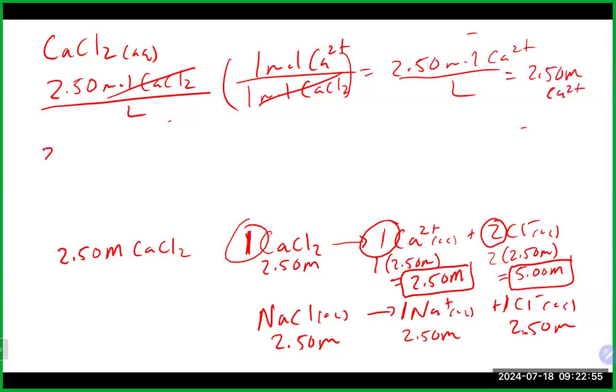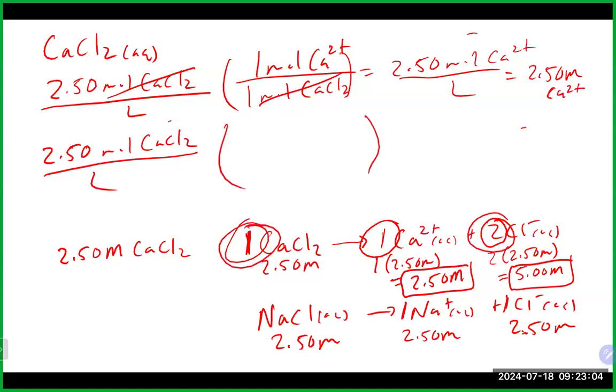You do the same thing for the chloride: 2.5 moles of the entire thing over a liter. As we saw, it is a 1 to 2 relationship there. So for every 1 mole of the whole thing, you get 2 moles of chloride ions.